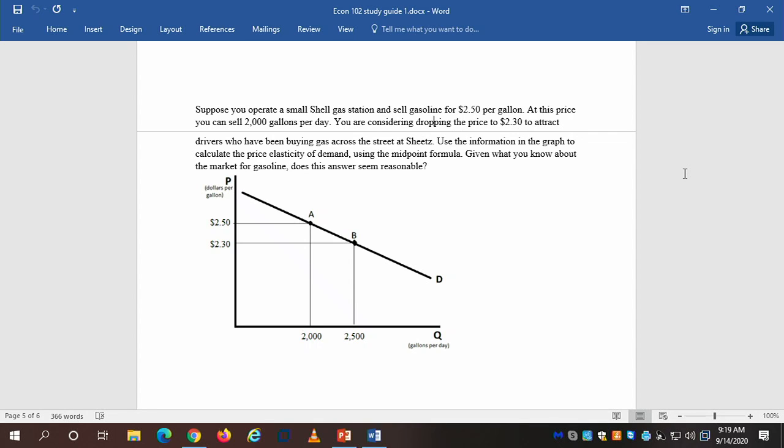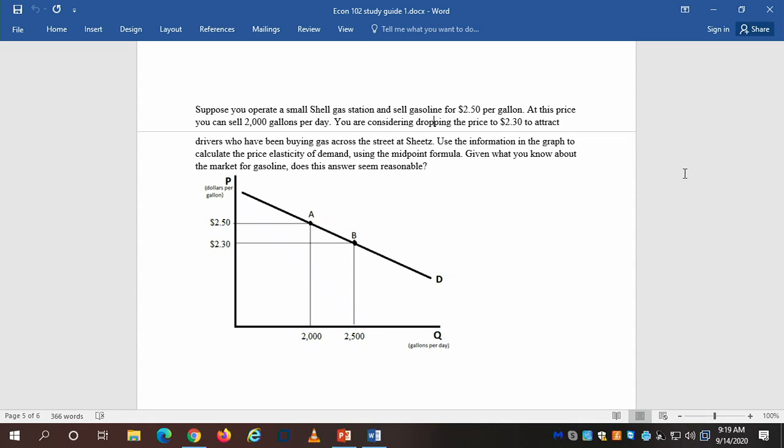So you're at point A, right here, on the demand curve. You're selling 2,000 gallons of gas a day. And you're thinking, maybe I should drop the price to $2.30. Sell the gas for less, so you can attract more buyers. So they leave Sheetz and come over to you.